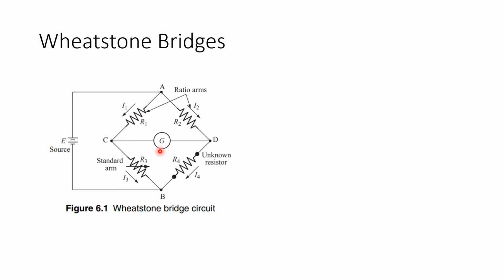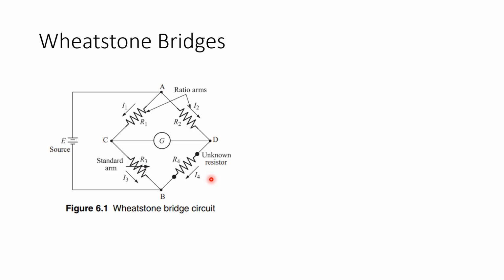We have the standard arm here, R3, and this is the unknown resistor, R4, which carries the current I4. The Wheatstone circuit is used to determine resistance from approximately 1 ohm to several ohm or mega ohm.